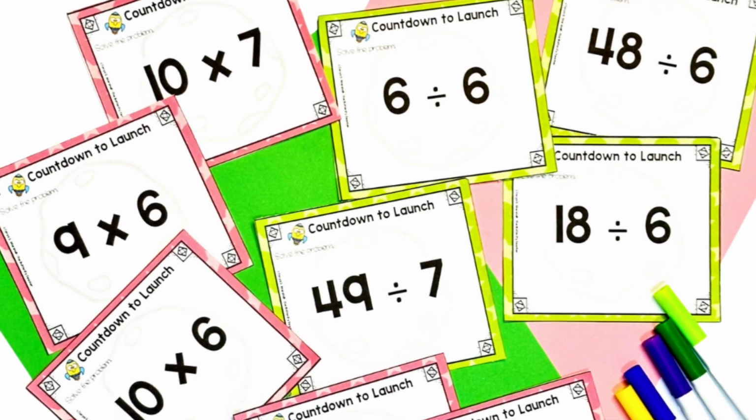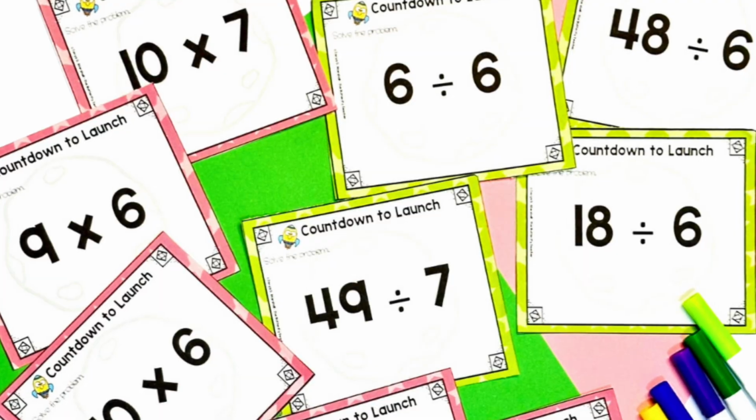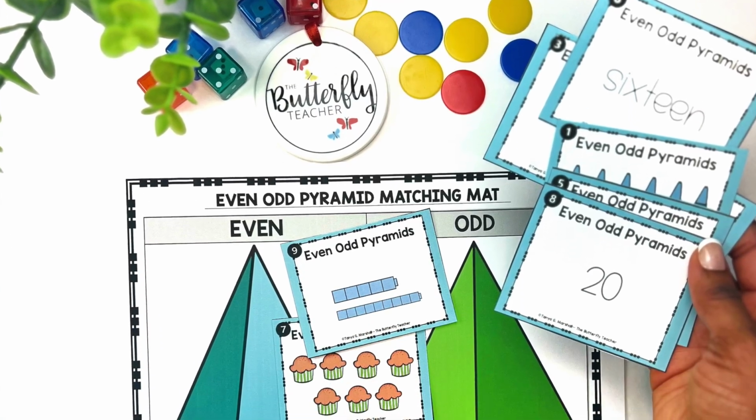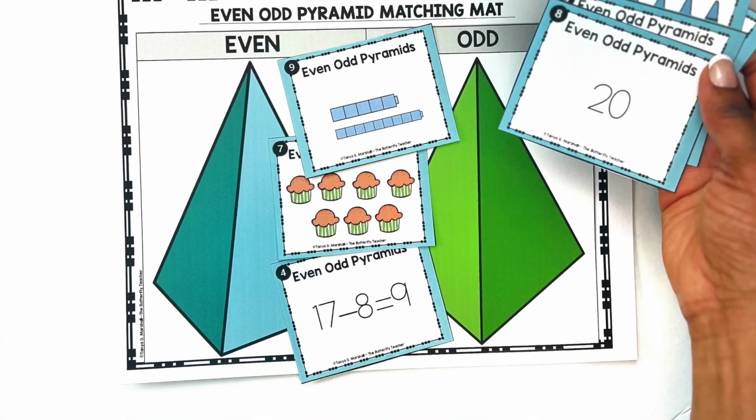Well, here's my trick. When you have centers that are very similar in orientation, they're similar in how students will complete the activity, then you introduce that game, that activity one time, you model for students, and you go through the practice of mastering. This is how we complete this type of activity. In this example, we have matching games.